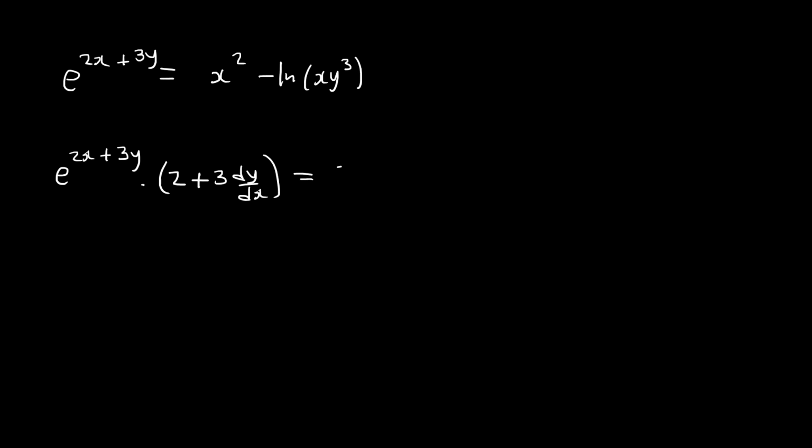Then I derive x squared, I have 2x. Then I derive ln. Remember, ln is 1 over everything times the derivative of everything there. This is product rule. I will start with y. So if I start with y, I have 3y squared dy/dx, plus, now I go with x, then I'll be left with y cubed.